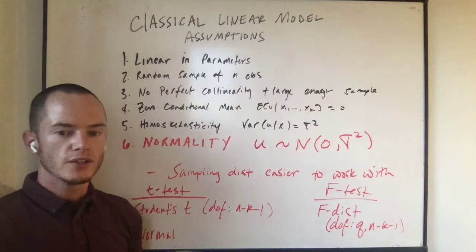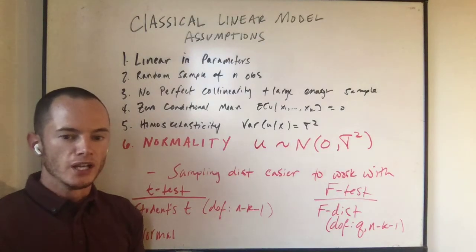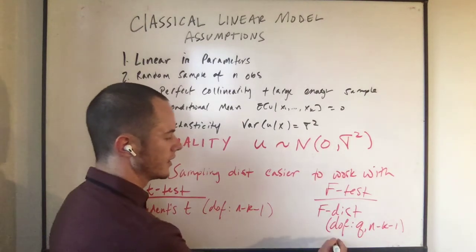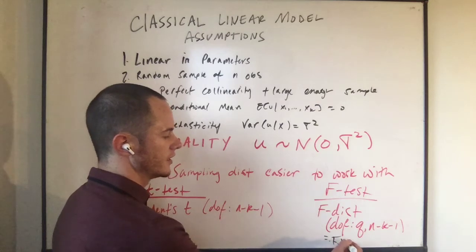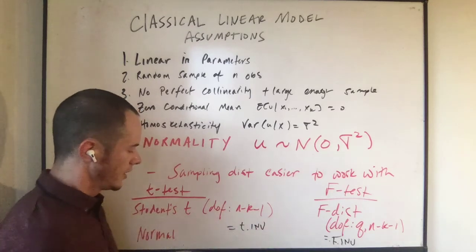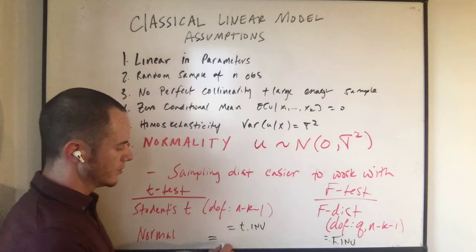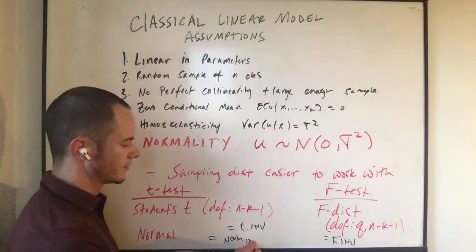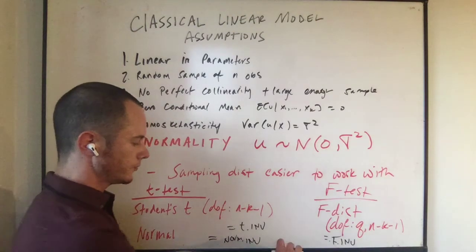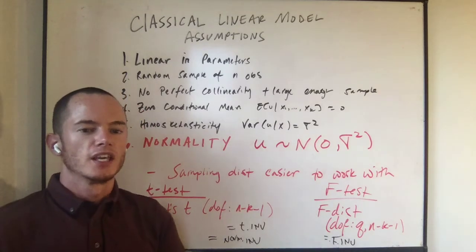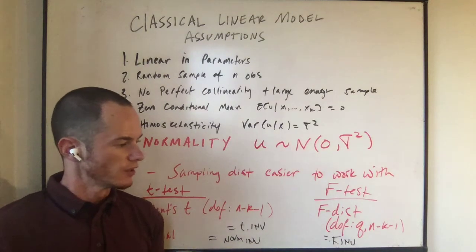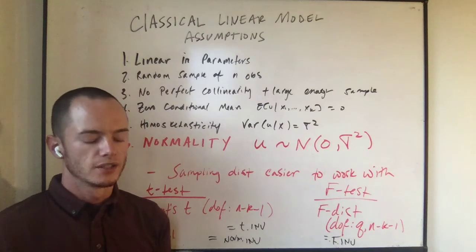You can obtain these critical values from any statistical software, including Excel, where you can use the equals F.INV, equals T.INV, and I believe this is equals NORM.INV to get your critical values, and you'll use, for 5% level of significance, 95% probability, because we're working with cumulative probability for a one-tailed test.